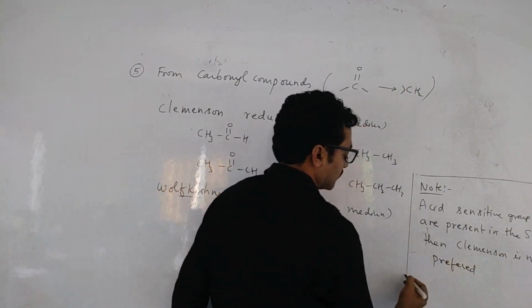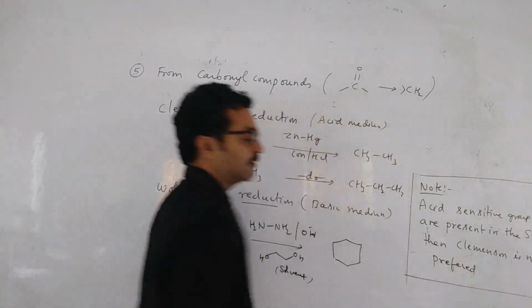Then what is preferred? Wolff-Kishner reduction is preferred.